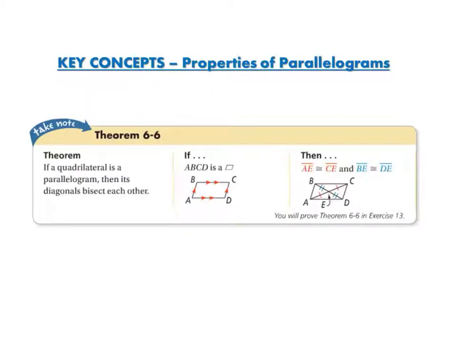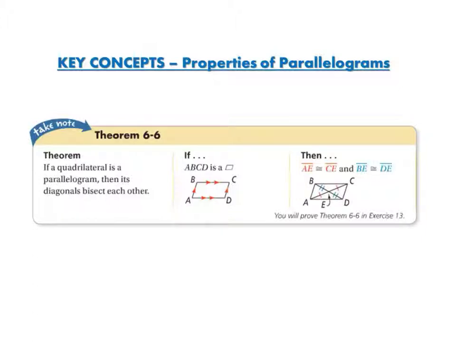The last theorem we're going to look at about properties of parallelograms has to do with their diagonals. And the theorem states that if a quadrilateral is a parallelogram, then the diagonals bisect each other. Remember when a line bisects another line, that it cuts it into two equal sections.